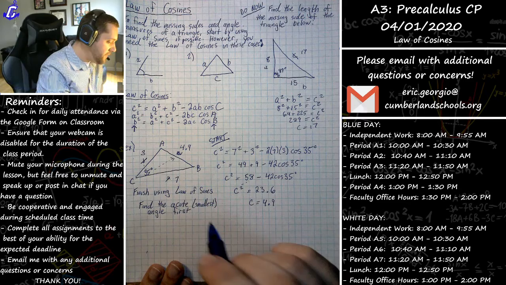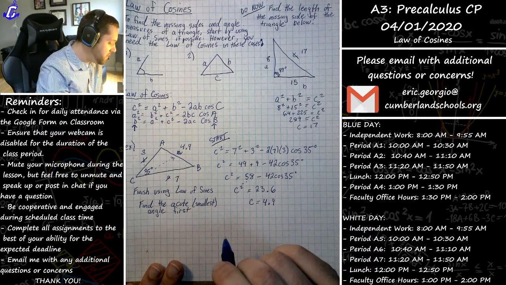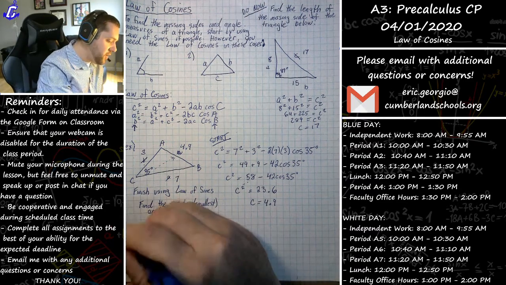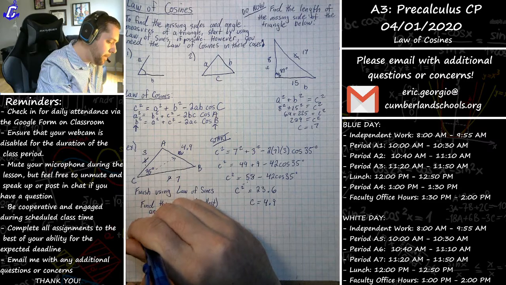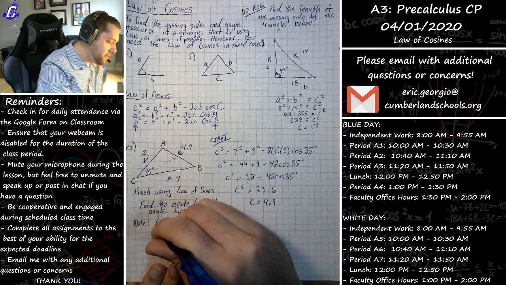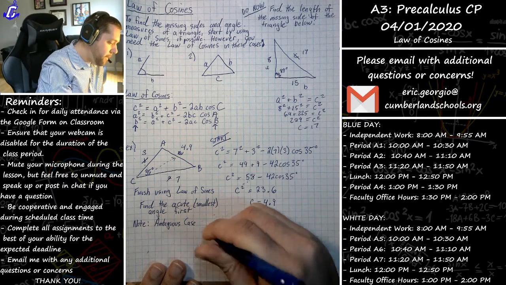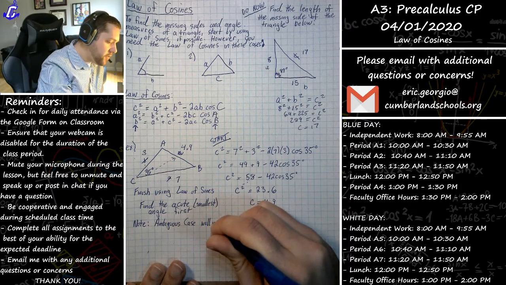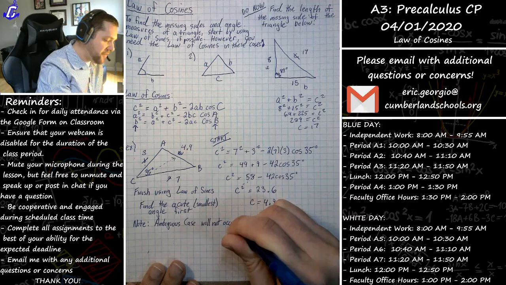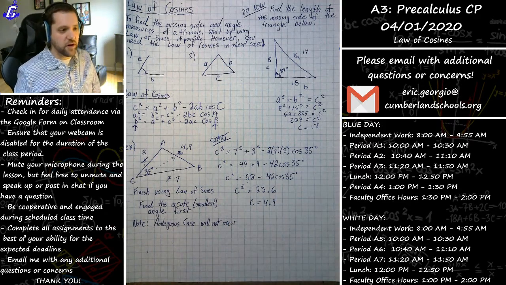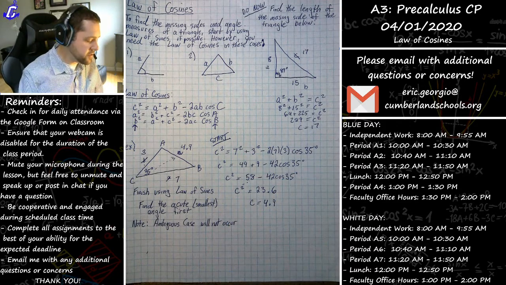So you want to find that acute or smallest angle first. Again, note the ambiguous case will not occur. So you don't have to worry about whether you could have one solution, two solutions, or no solutions. We're just trying to fill in the rest of the triangle.